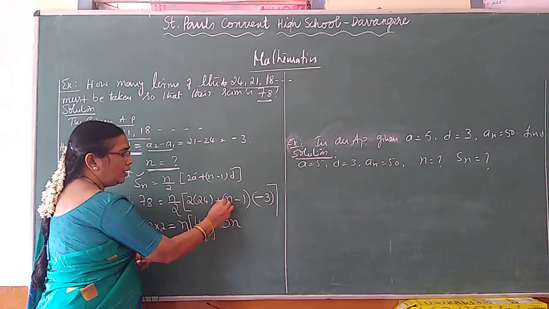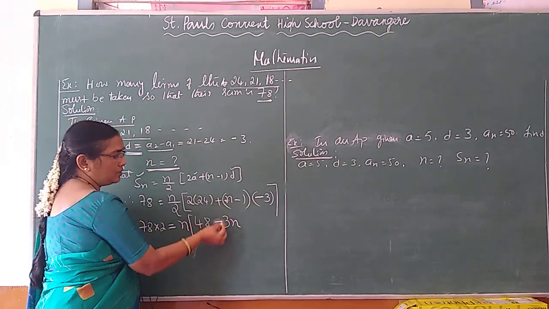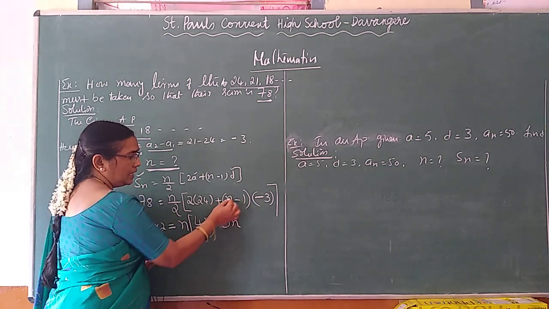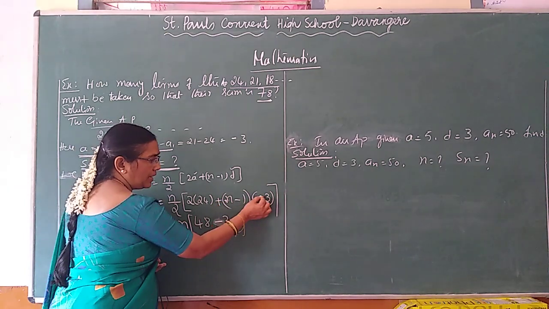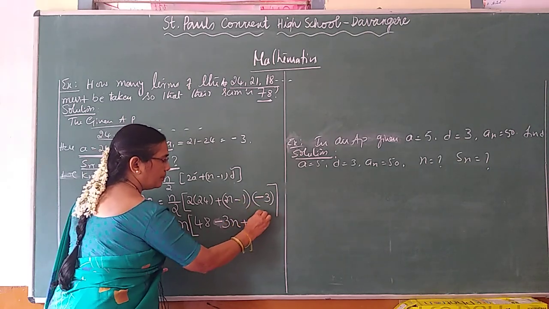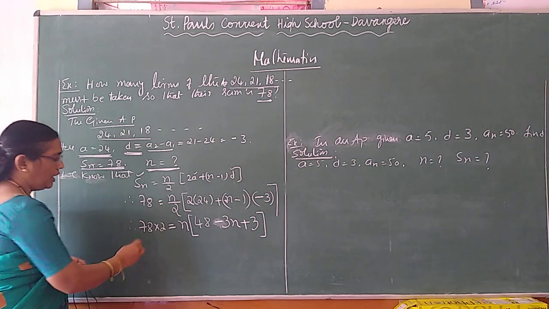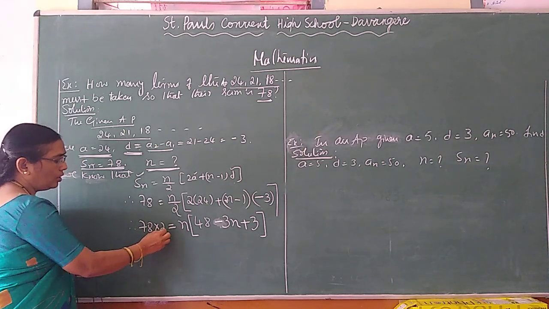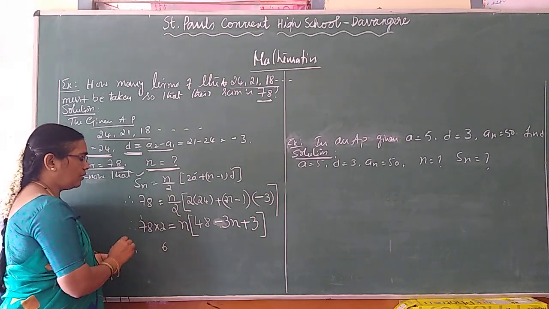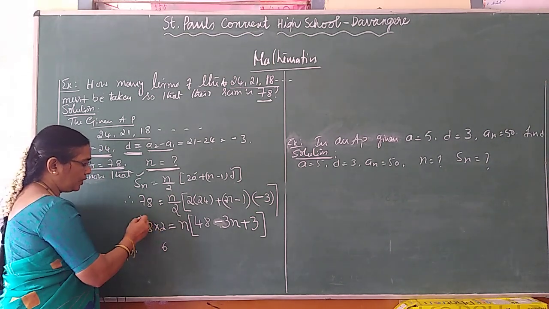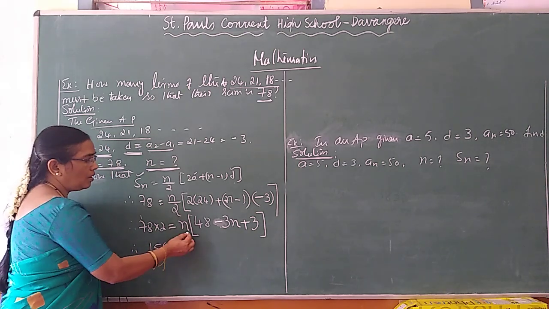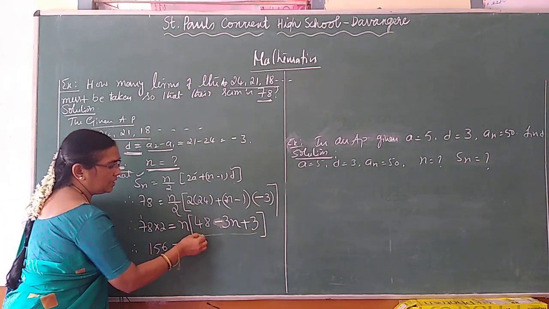Understood? Here also plus will be there, and this plus, again plus you have to consider. Plus into minus is minus 3N, minus into minus is plus, 1 3s are 3. Are you clear? Okay, now we multiply this one also. 2 8s are 16, carry 1, 2 7s are 14 plus 1 is 15, that is equal to. Now do some simplification in the bracket.